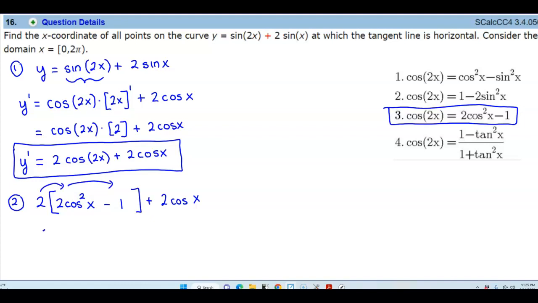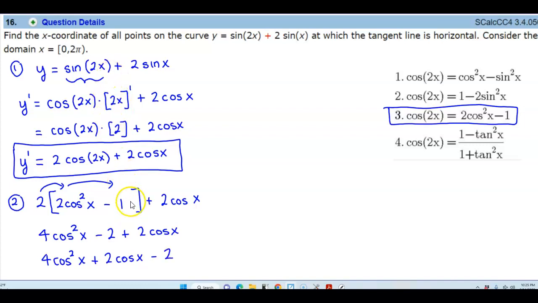So we end up getting 4 times the cosine squared x minus 2 plus 2 times the cosine of x. And now we're going to rewrite this as 4 times the cosine squared x plus 2 times the cosine of x minus 2.